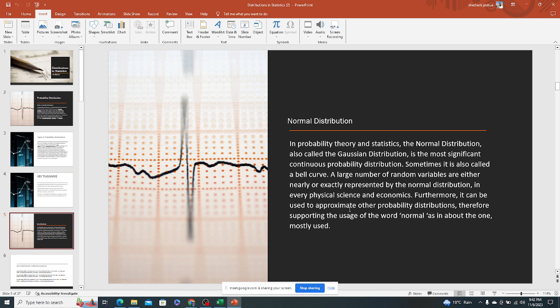In this case we are going to start with the normal distribution, our major and most common continuous distribution.